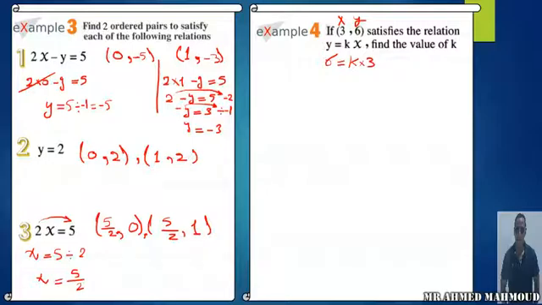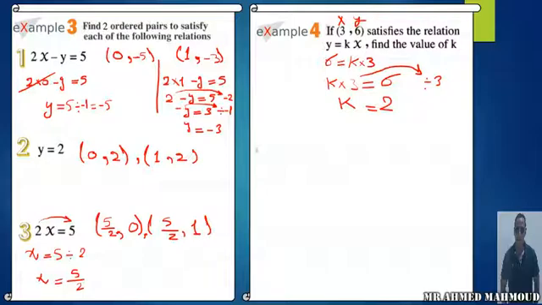Or we can change the equation to k times 3 equals 6. I will send 3 there, divided by 3, then k equals 6 divided by 3 equals 2. This is the value of k.